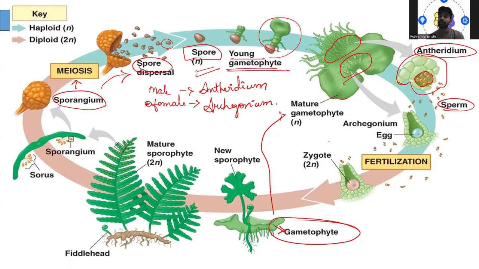Whereas the archegonium, can you see it here, will have only one egg. The sperms will enter here, and fertilization takes place, where fusion of the sperm and egg occurs directly. After fertilization, what do you observe? You observe the zygote.